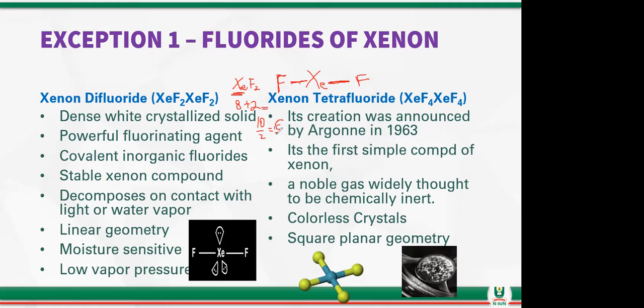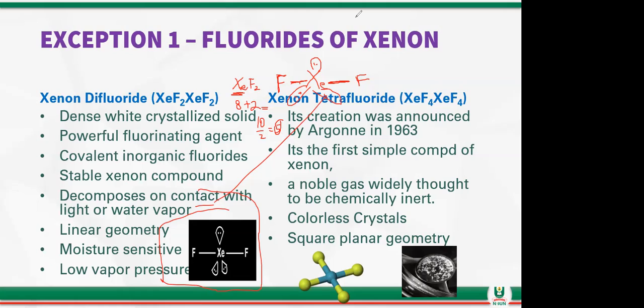And xenon in this XeF2 has 5 pairs. 2 of them are bond pairs. Therefore, the 3 of them will be lone pairs. And lone pairs must be arranged in such a way as to minimize repulsion. So there's a lone pair of electrons here, there's a lone pair of electrons here, and there's a lone pair of electrons here. That's why the structure of xenon difluoride is as seen in the region below.